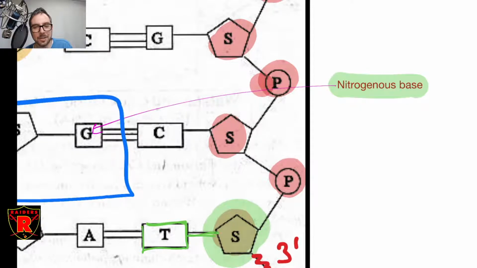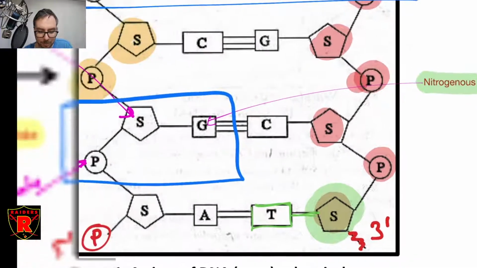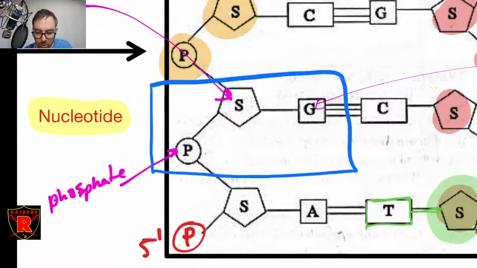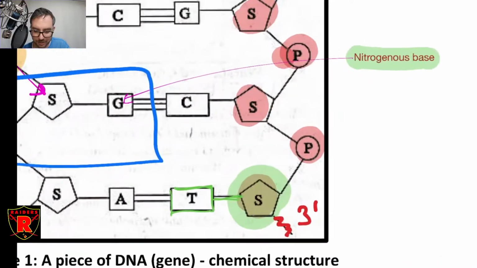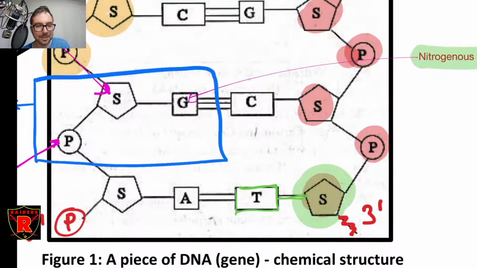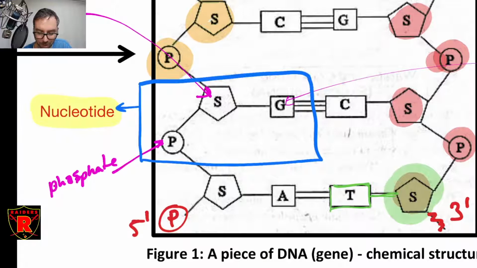So we have one sugar, one phosphate, and a nitrogenous base. That is like the base unit that DNA is made out of, because it's that repeating over and over and over again. So that subunit, a phosphate, a sugar, and a nitrogenous base, is called a nucleotide. If you string a whole bunch of nucleotides together, and then you string a whole bunch of nucleotides together on the other side, and then you bond them together, you get DNA. That's one nucleotide: a phosphate, a sugar, and a nitrogenous base.